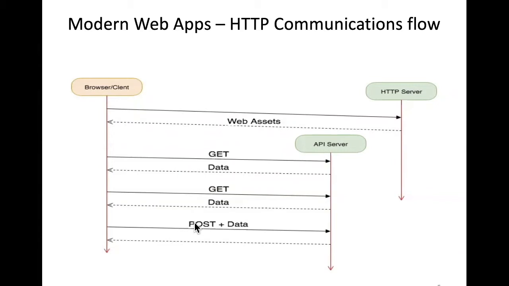If the user has to fill out some sort of form and submit it, that submission triggers a POST request. The POST plus the data is sent down to the web API, which presumably stores it in some sort of database or whatever. So that's how the communication flows.